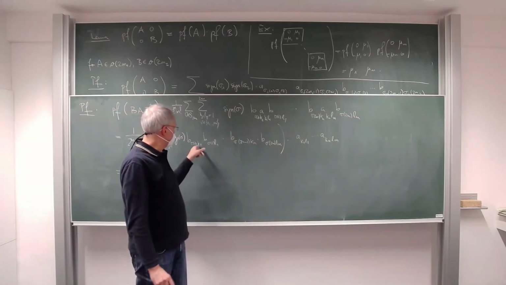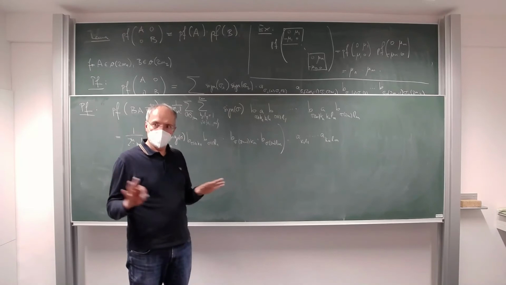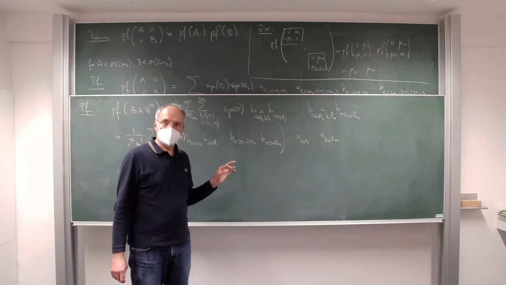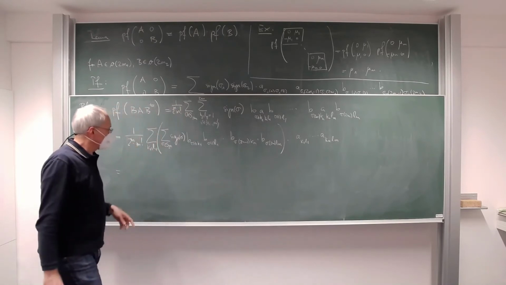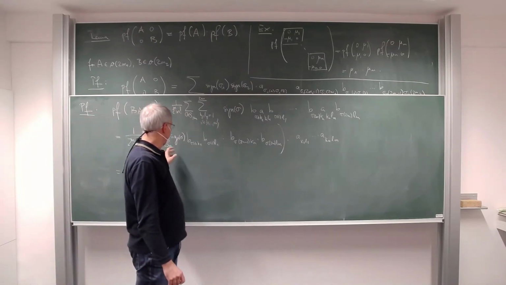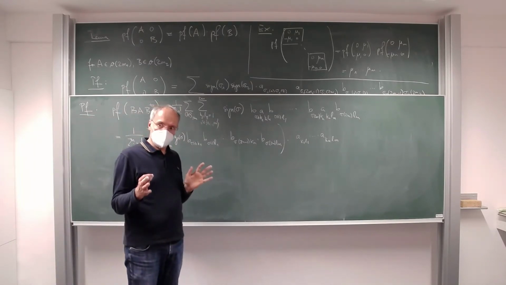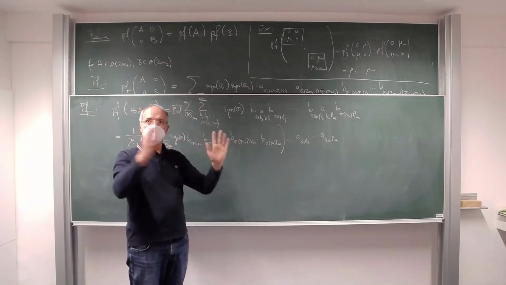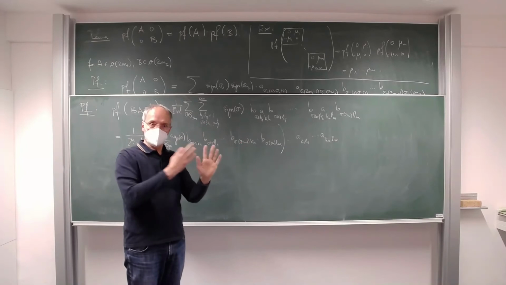If these L's and K's are all different, then they also define a permutation, right? And then what we really have here is the determinant, not of the matrix B itself, but of the matrix B where we have permuted the columns.